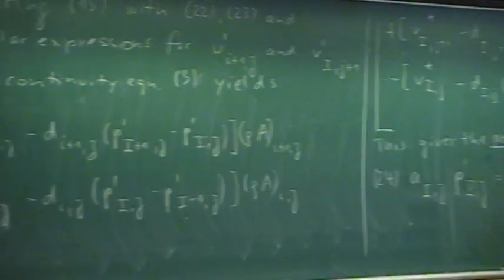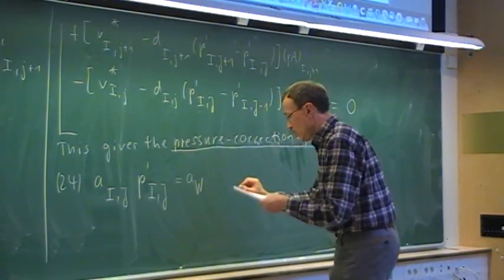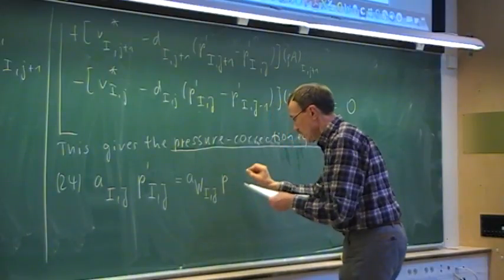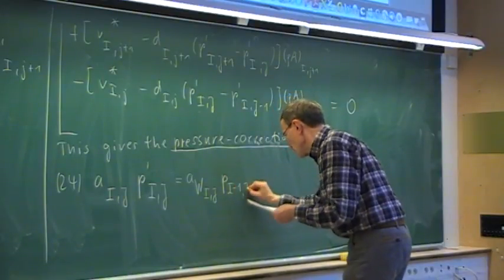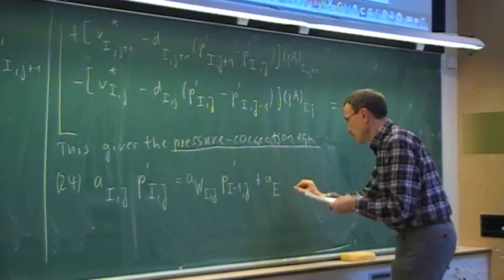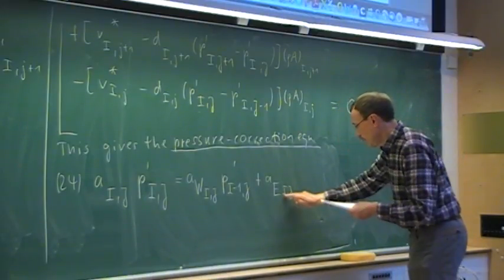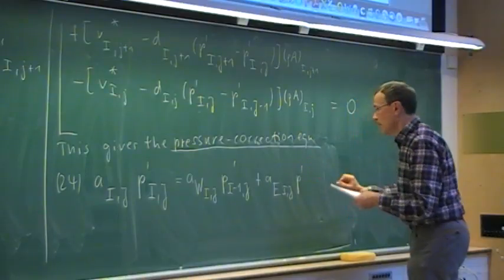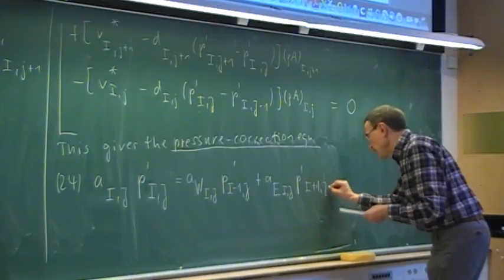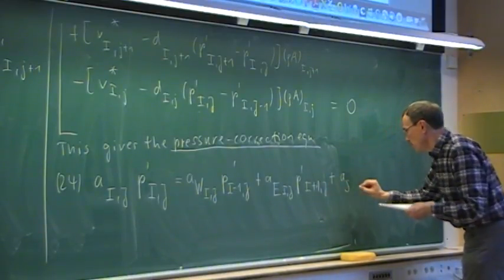And that will give us coefficients related to the western node, that is for Ij, multiplying the Pi minus 1j prime. We have then the east coefficient for the cell or node Ij, multiplying the P prime at I plus 1j, and we have the contributions from south and north.